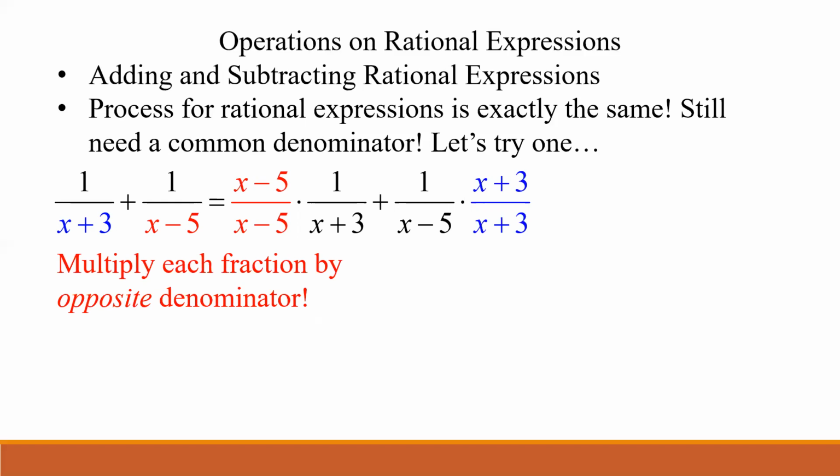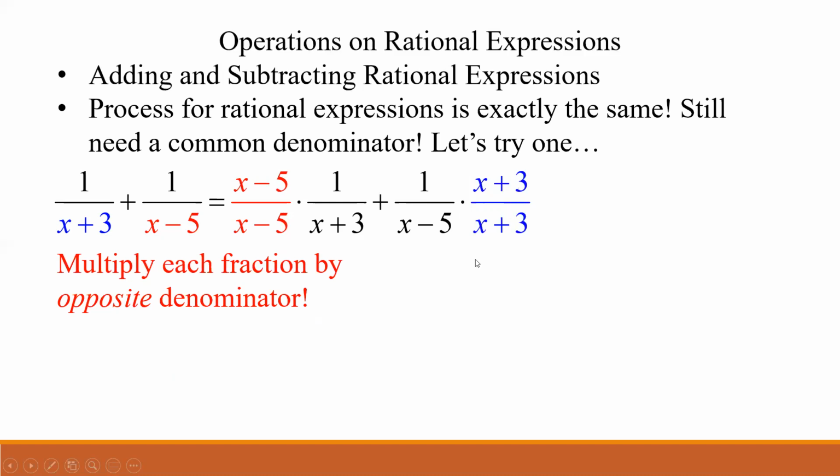I color coded these again, just so you can see what the process is. We're going to multiply the first fraction, 1 over x plus 3, by x minus 5 over itself. That's the fancy 1, as we sometimes call it. And then the 1 over x minus 5, we multiply by x plus 3 over itself.